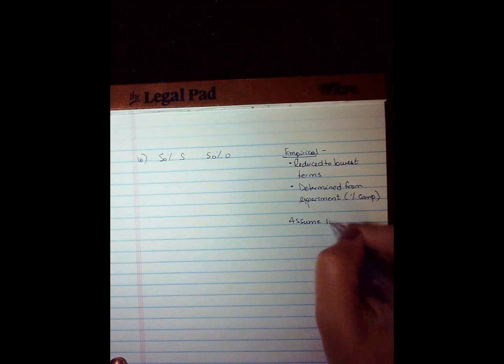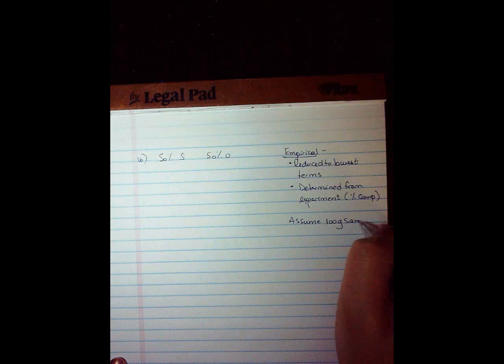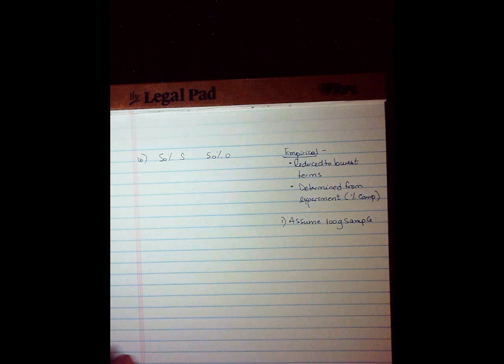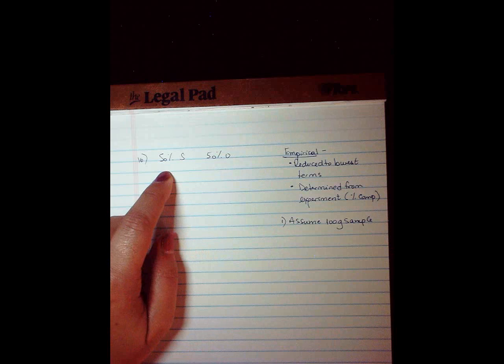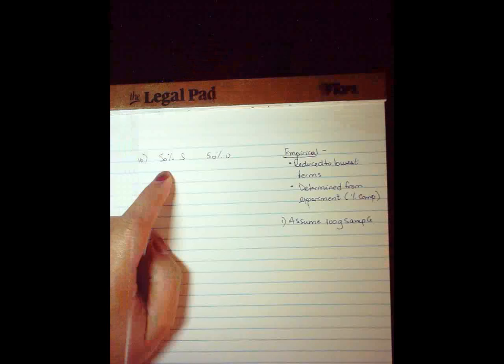Okay, so here are the rules. When you're coming up with an empirical formula from this kind of data, the first thing you're going to do is assume that you have 100 grams of the sample. Why do you want to assume that? If 50% of my sample is sulfur, how many grams are sulfur?